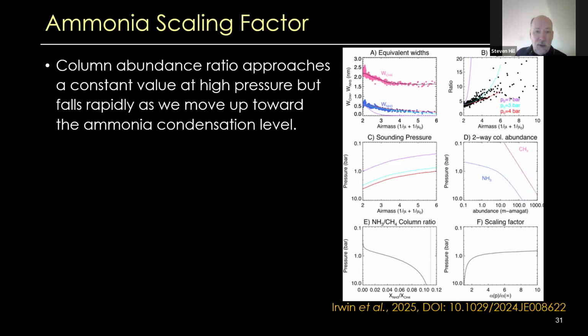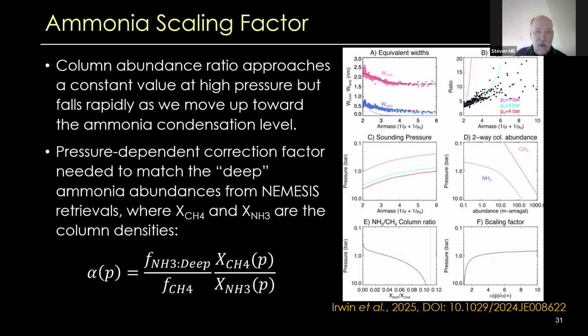So what you can do is look at that column ratio, the ammonia over the methane in panel E, and then we compute a scaling factor based on that. This pressure dependence correction factor or scaling factor is needed to match the deep ammonia abundances from NEMESIS retrievals.